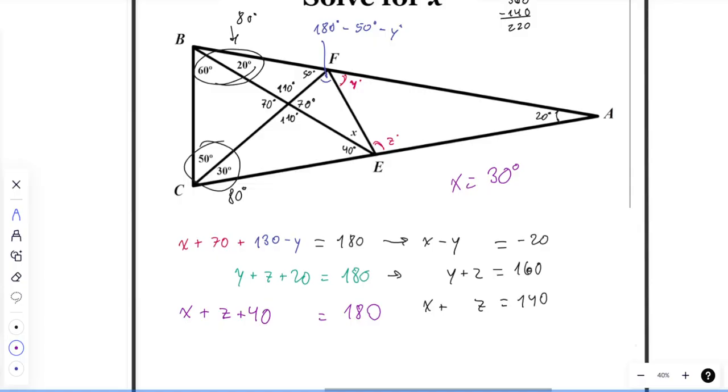Stuck on the x plus z part. That's very close.